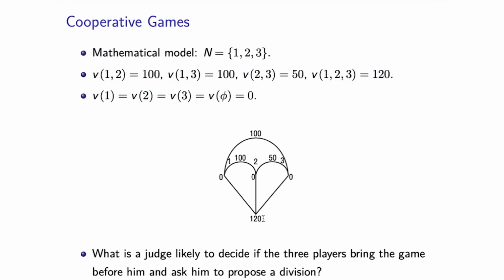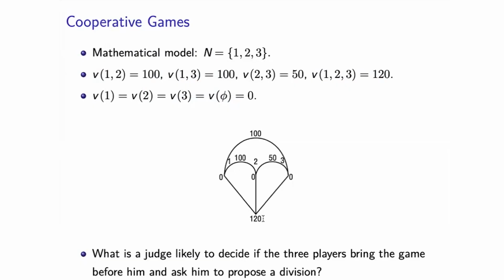Okay. So in terms of the solution concept, one of the questions we might be interested in is this: suppose the three go to an arbitrator or a judge or, let's say, their manager, and say that all three of us are signing up. What we have said so far is that if all three sign up, you're going to get 120 lakhs in total, but we have not specified how much of this 120 lakhs should go to player 1, how much to player 2, and how much to player 3, right?